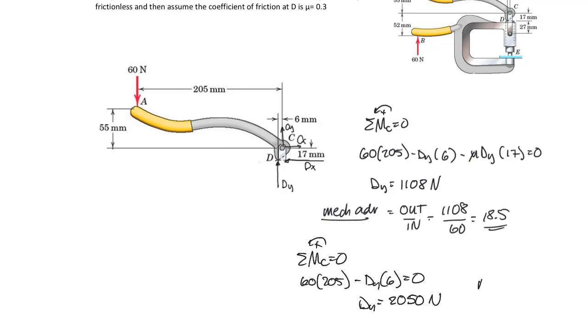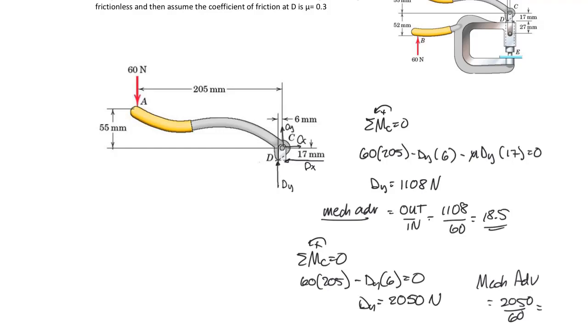And so the mechanical advantage would be, let me get an eraser, equal to 2050 over 60.